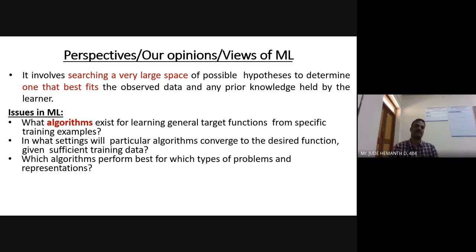Which algorithms perform best for which type of problem and representation? All the project students will come and ask, Sir, I want to do, say for example, face recognition. If I want to do face recognition, what algorithm should I use? Till now, there is no fixed answer.